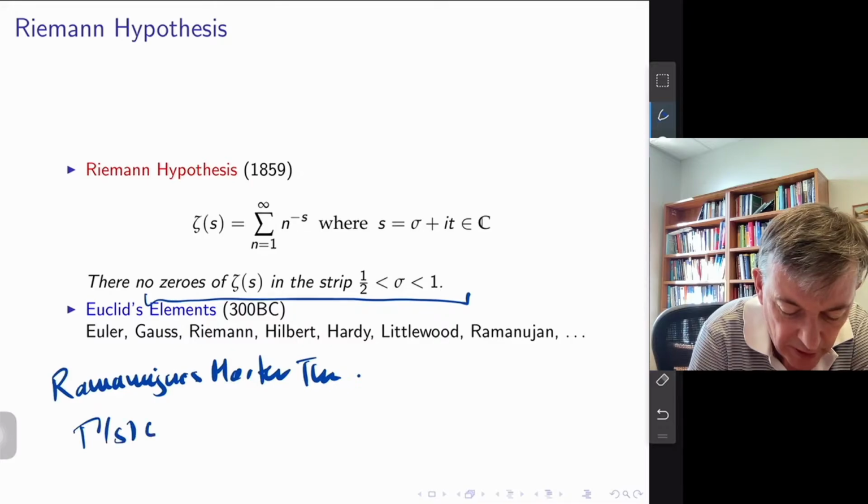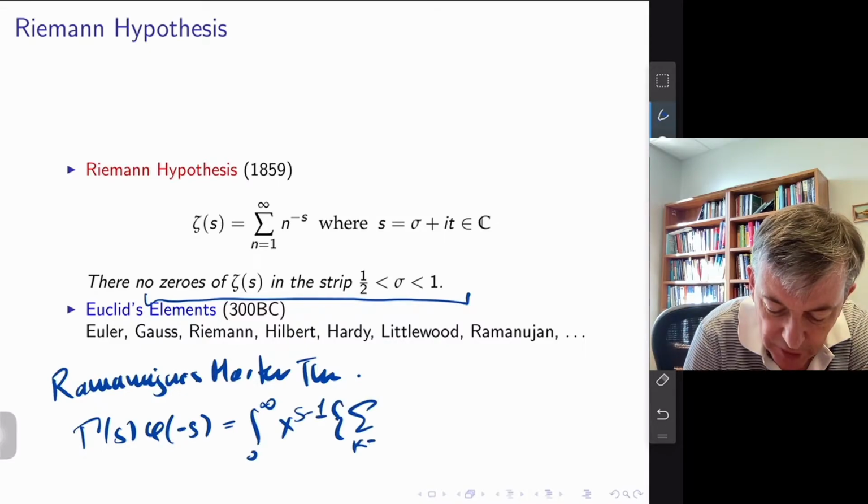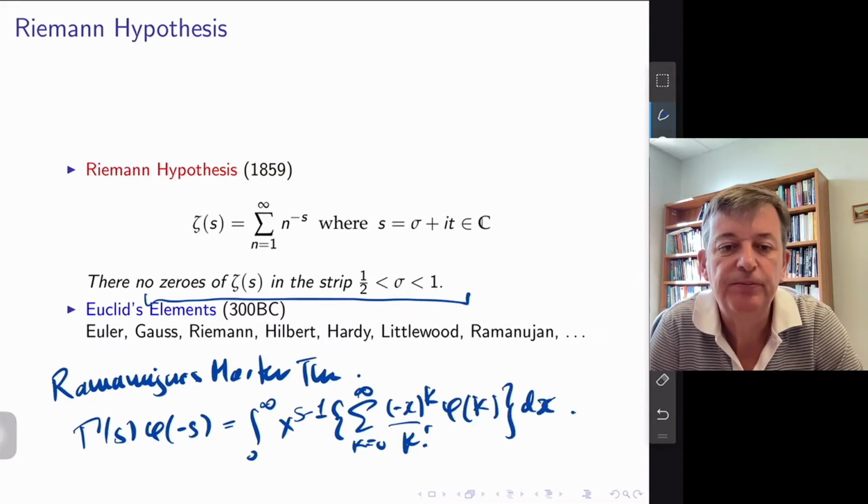So under regularity conditions, I can write a function in terms of a Mellin transform as such.